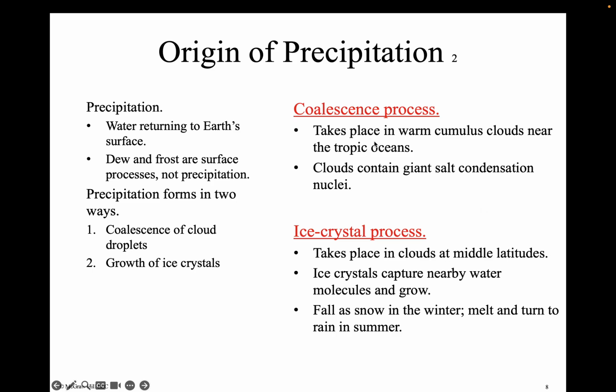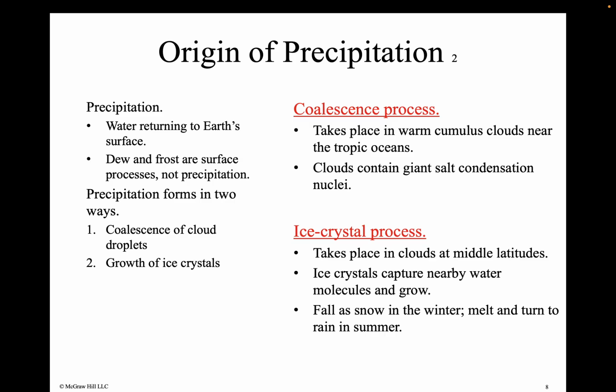So this will occur near the middle latitudes. And here, this ice crystal process happens in clouds that extend high enough into the atmosphere where the water reaches the freezing point. So it's very high in altitude.